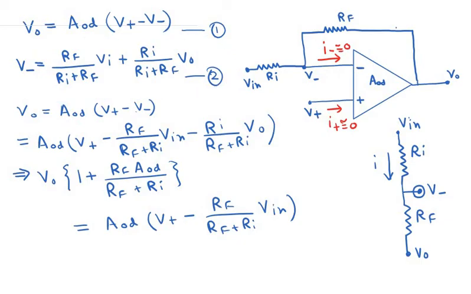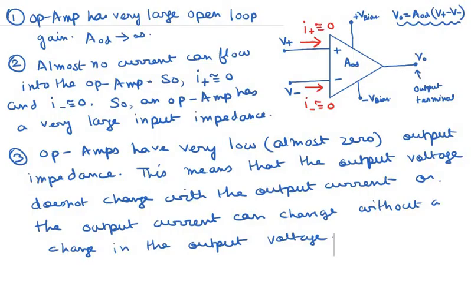Okay, and this third property, the op amp has a very low output impedance and the output voltage is independent of the output current. This property we have used when we have not considered what is the output current that is flowing into the op amp. So we just considered the output voltage of the op amp, but we never discussed what output current is flowing into or out of the op amp.